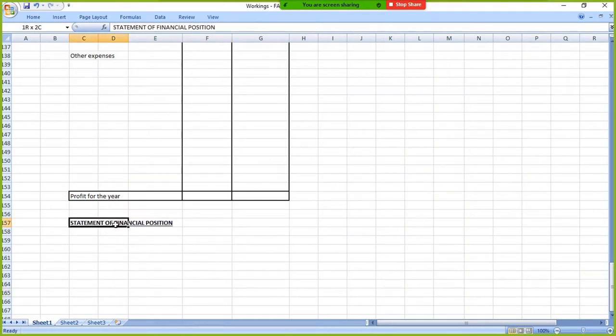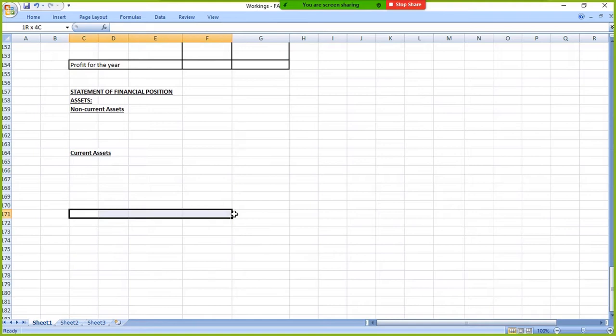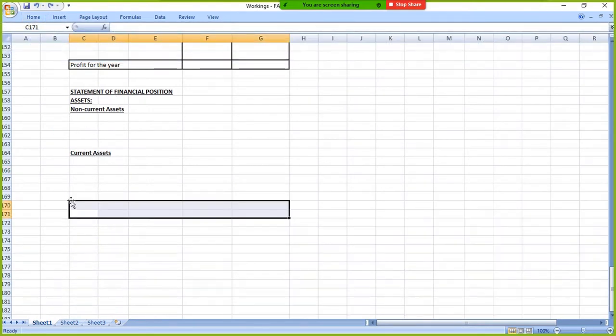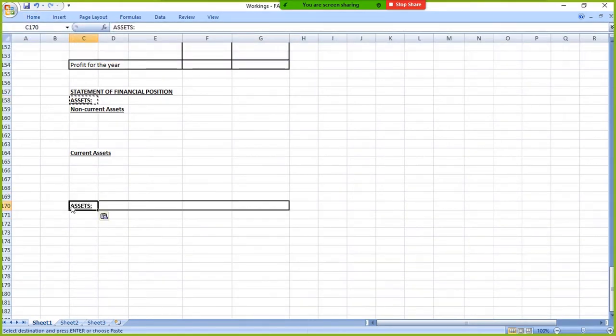Again, you need to remember the format, layout, and structure. You should know that a statement of financial position is going to have assets, both the non-current and current. So subheadings for that section. Leave some space, put current assets, and then you'll have total assets. Total assets, and then you'll have equity and liabilities.